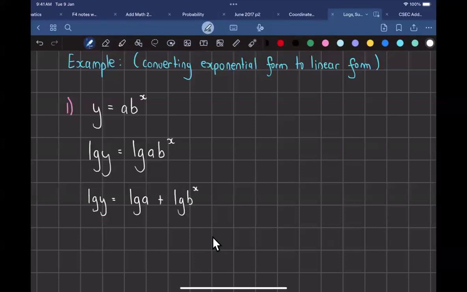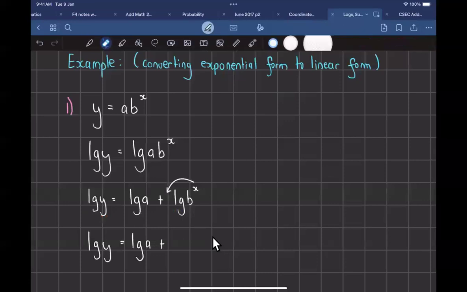Then that will be log y equals log a plus, and then you take the power there and put it in front, so it will be log a plus x log b. You said B log X. Where you get B log X from? The power. You're putting the power. Oh, X log B. My bad.